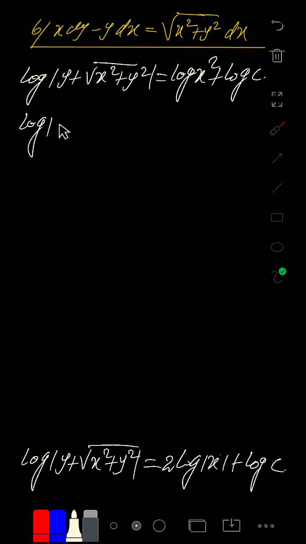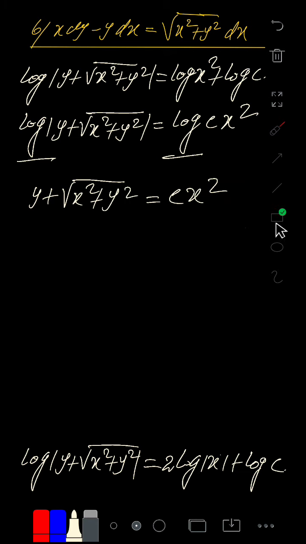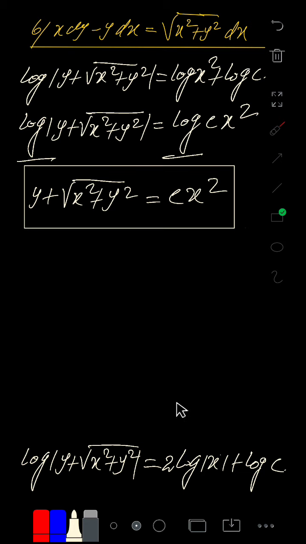So log mod y plus under root x square plus y square is equal to, using the logarithmic property log m plus log n is equal to log m into n, we may write it as log cx square. Now eliminating log from both sides, we have y plus under root x square plus y square is equal to cx square, and this is the required solution of the given differential equation.